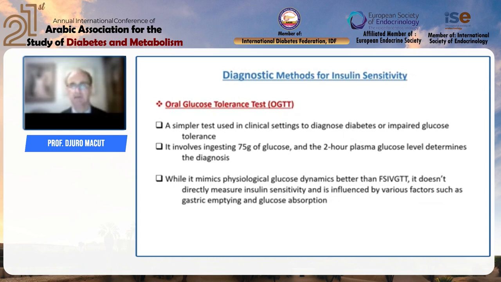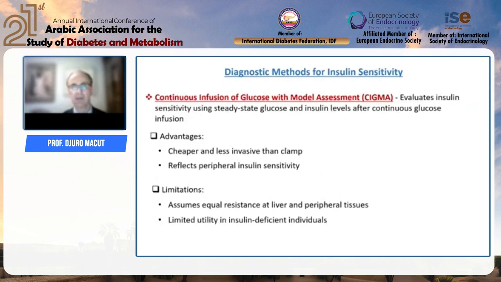Actually, today this test is also used for the assessment of insulin sensitivity by using the basal glucose and insulin, but this was not a very useful tool, and from that we derived the simple HOMA index from this whole testing.